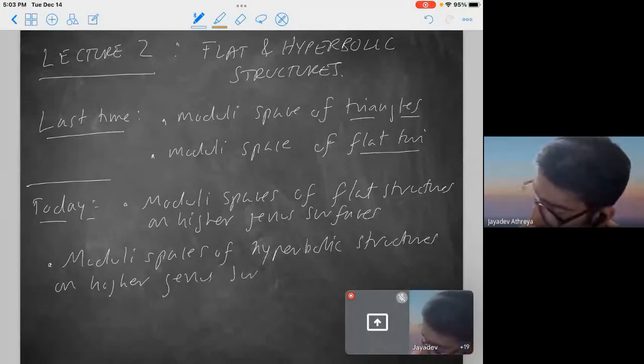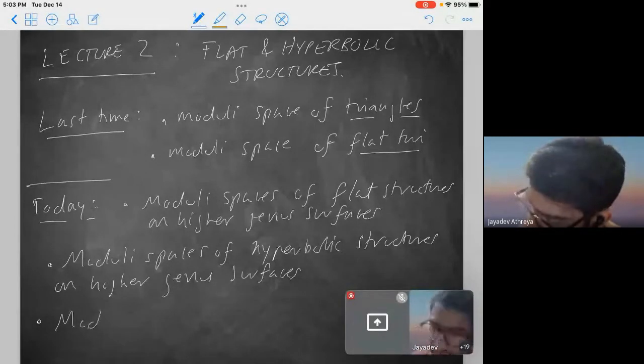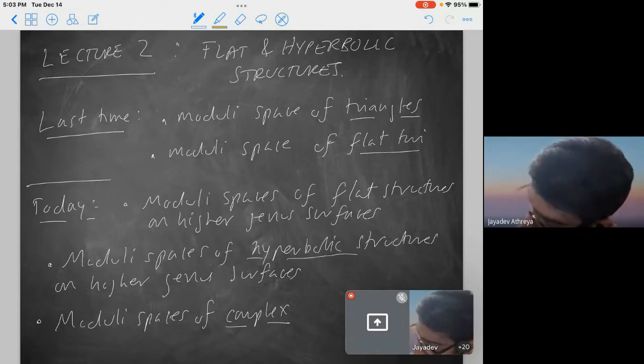And in between, we'll also have to talk a little bit about moduli spaces of complex structures. So we have flat structures, hyperbolic structures, and complex structures.